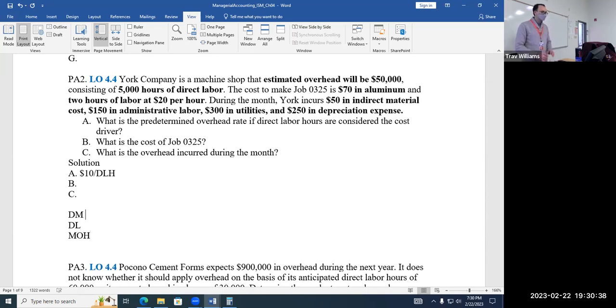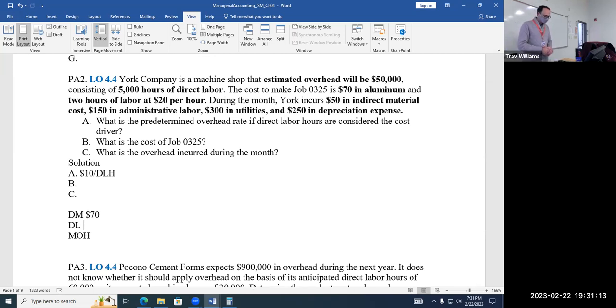So how much is our direct materials cost? $70. The only material they specify here is the aluminum. So $70 in direct materials. How about direct labor?